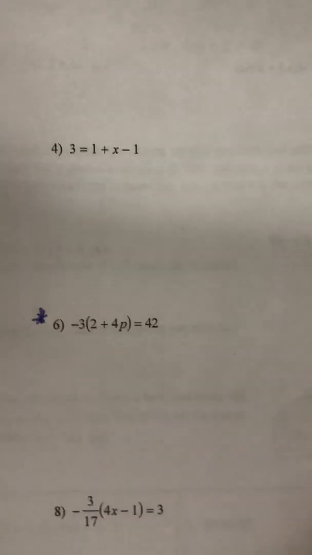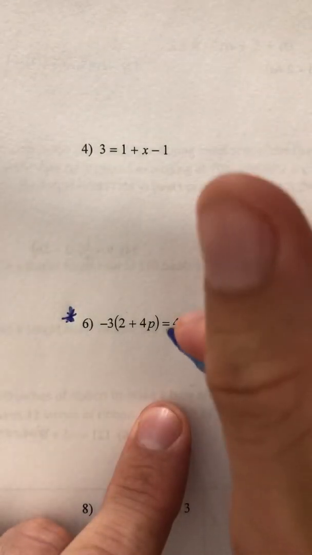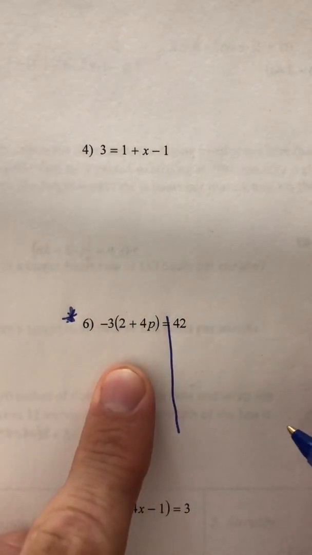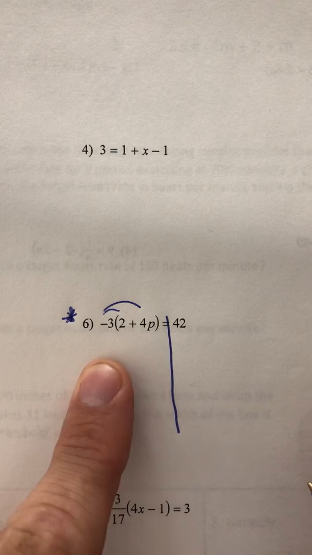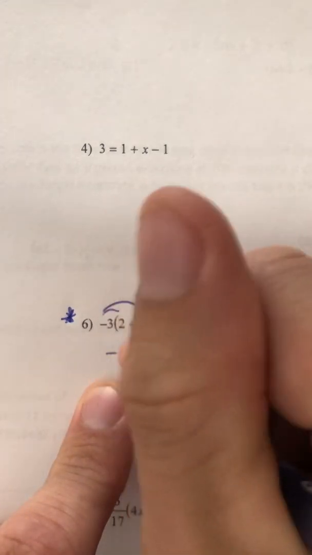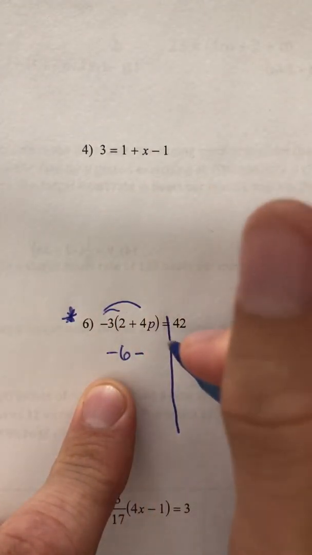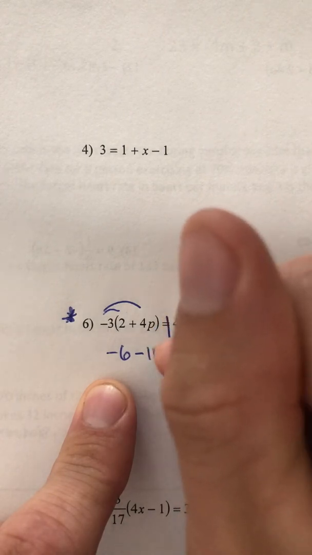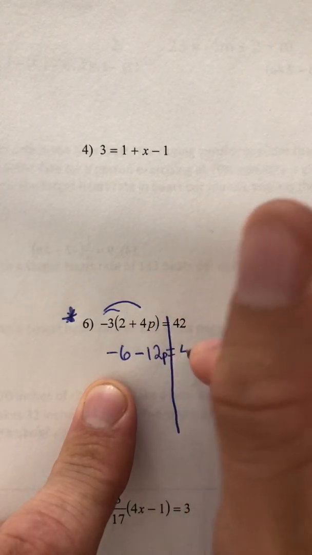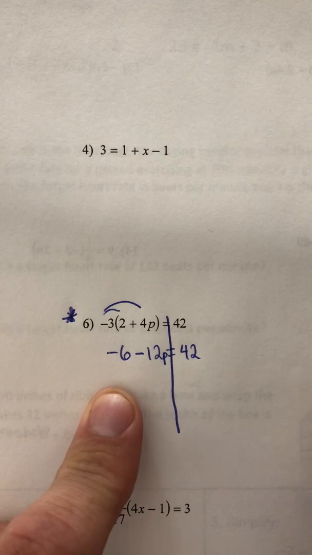All right, here's the next one, and this time I have parentheses, so I'm going to distribute. So I'm going to multiply negative 3 by both. Negative 3 times 2 is negative 6. Negative 3 times 4p is negative 12p. And then this becomes 2-step.